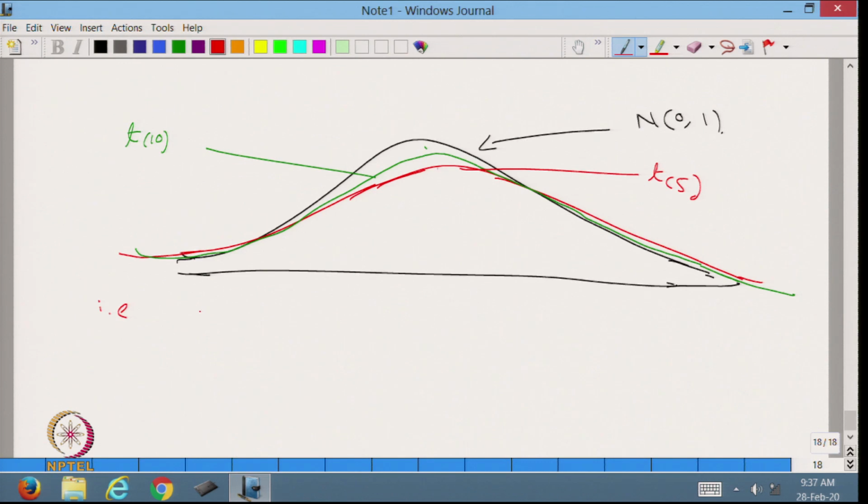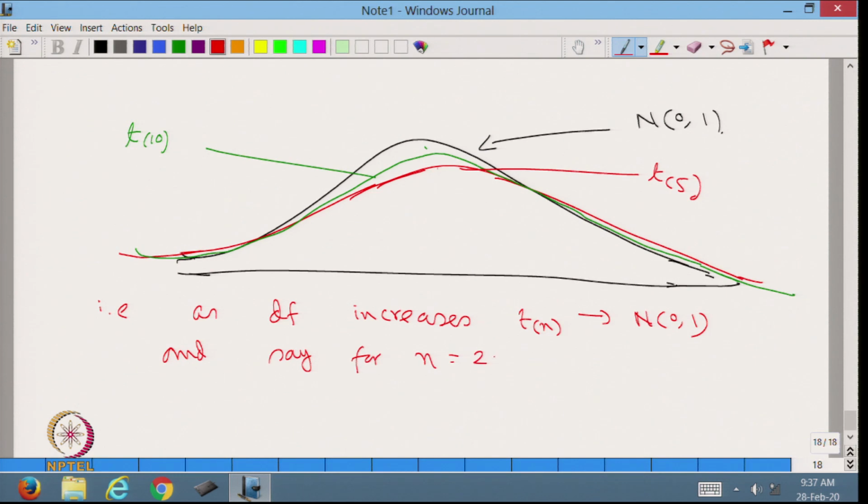That is, as df increases, Tn converges towards normal 0,1, and say for n equal to 25, it is very similar to the standard normal distribution.